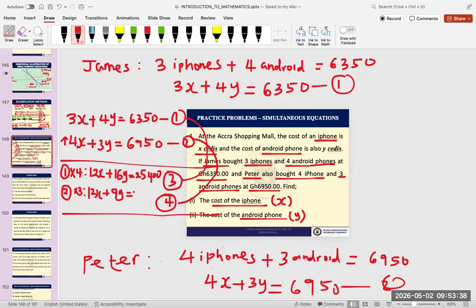And that will give you 20,850. That is equation 4. Then we subtract 4 from 3.